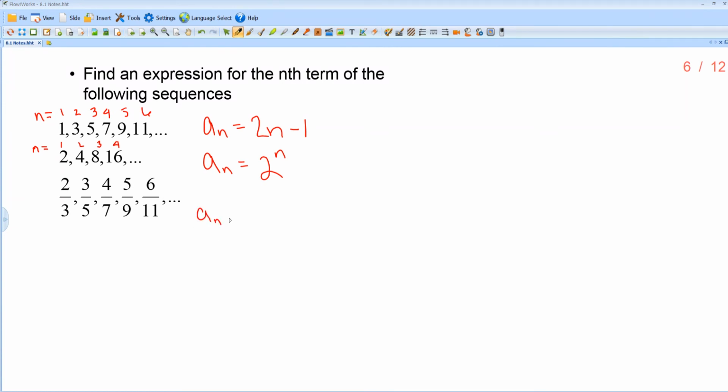So we have a sub n is equal to, again, this is term 1, 2, 3, 4, 5. And what I could realize is all of these numerators are just 1 larger than the term number. So I would say it's n plus 1. It's the term number plus 1.